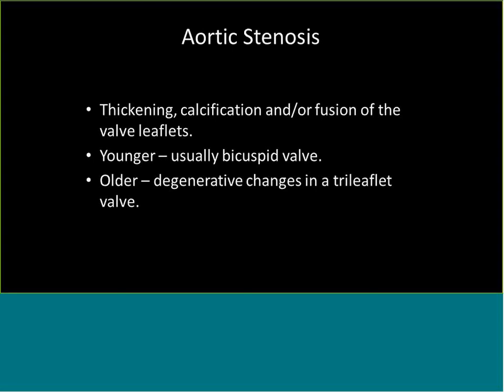So they've got a functional bicuspid valve, is what we call it. In older patients it's typically a degeneration of their tri-leaflet valve, a senile calcification. Most of us, if we live long enough, will have some degree of aortic valve stenosis.